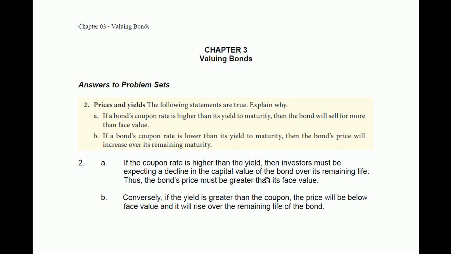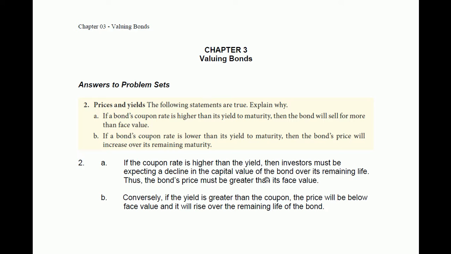Question 2, about prices and yields. The following statements are true, and for option A, if a bond's coupon rate is higher than its yield to maturity, then the bond will sell for more than the face value. So in practice, when a bond's coupon rate is higher than its yield to maturity, we say it sells at a premium.